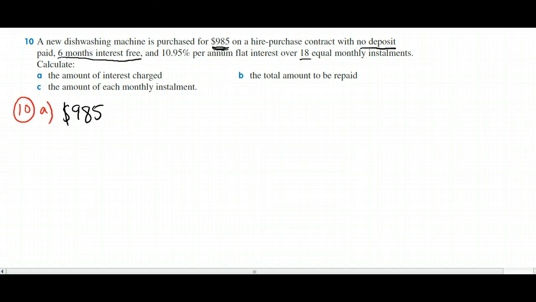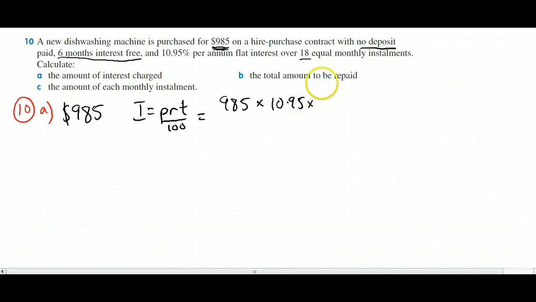So we use our equation I equals PRT over 100 to work out interest, and P in this case is 985 because we haven't paid anything off with a deposit, and the interest rate we've been told is 10.95% per annum, and the amount of time is 18 months, which in terms of years is 1.5 years, and that's all over 100.